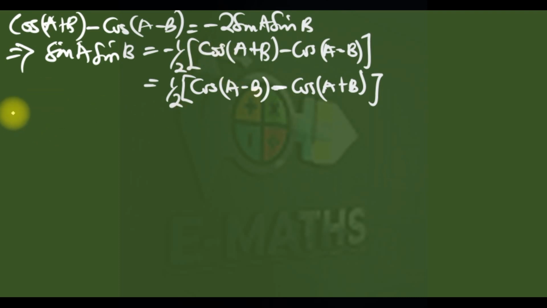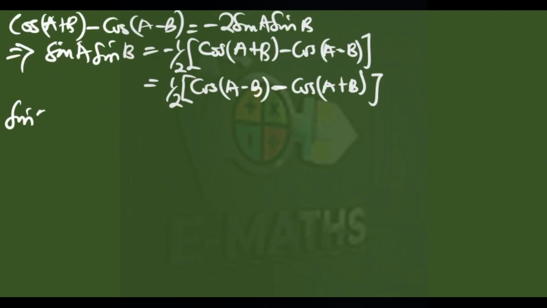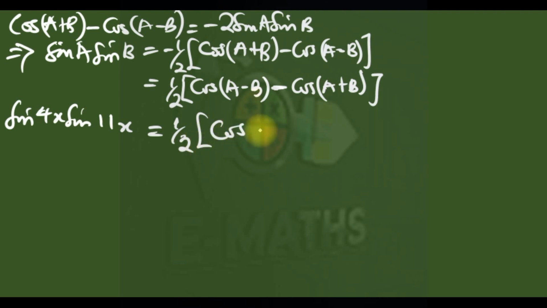We're asked to find sine 4x sine 11x. Our A is 4x, our B is 11x. We now have half of cos 4x minus 11x minus cos 4x plus 11x.